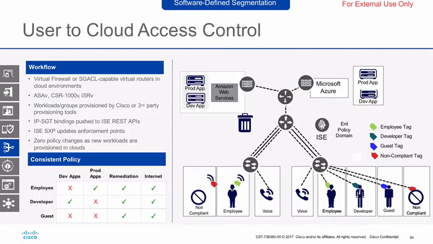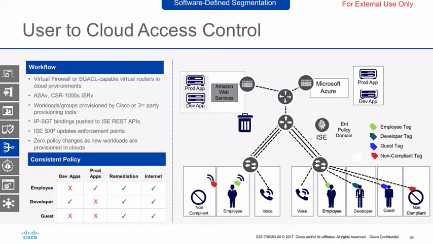So user to cloud access control, we kind of talked about this a little bit already, where I've got devices connecting to my access switches, and I'm doing my dynamic assignment right there. Then as they travel upstream, or try to access on-premise resources, maybe the finance servers or the human resource servers, I can protect those resources based upon their authorization per our policy.